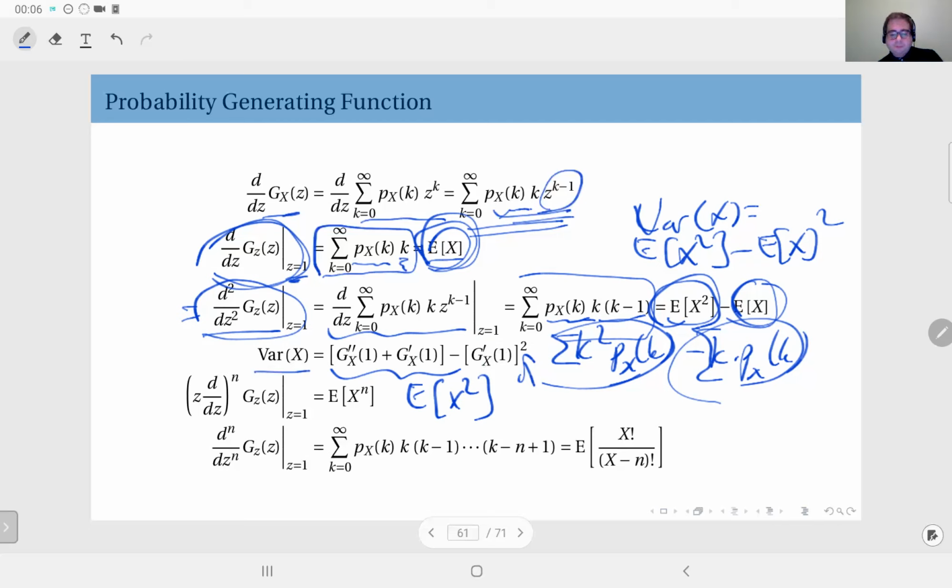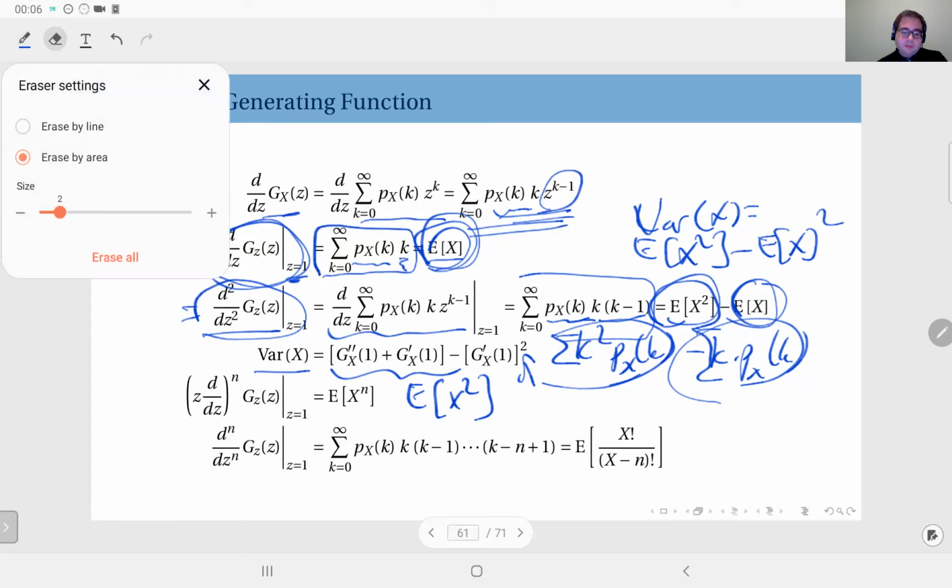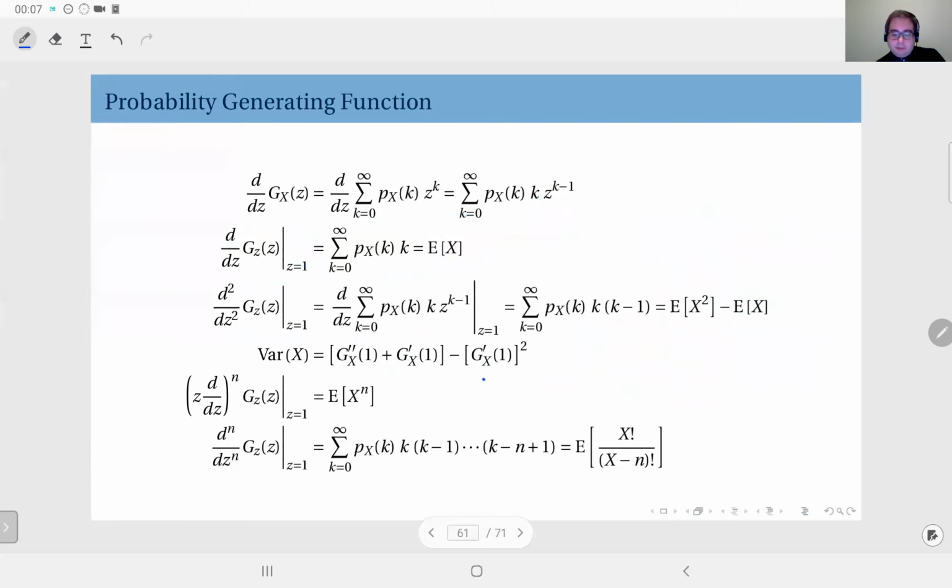And in general, if you just look at this expression, let me clear this page. Here, this is the first derivative. If you multiply this by z, you get the sum from k equals 0 to infinity of the PMF times k times z to the power k. So that is z times the derivative.